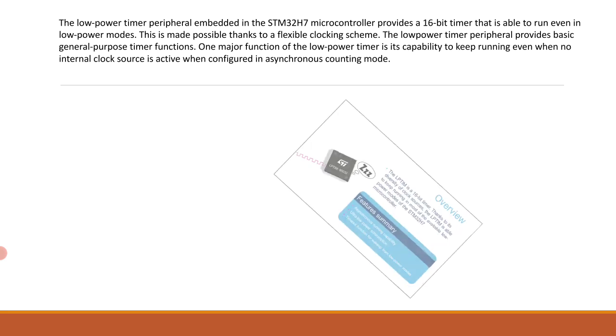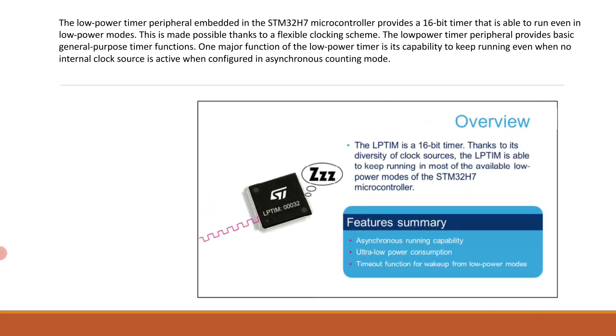The microcontroller provides a 16-bit timer that is able to run even in low power modes. This is made possible thanks to a flexible clocking scheme. The low power timer peripheral provides basic general purpose timer functions. One major function of the low power timer is its capability to keep running even when no internal clock source is active, when configured in asynchronous counting mode.